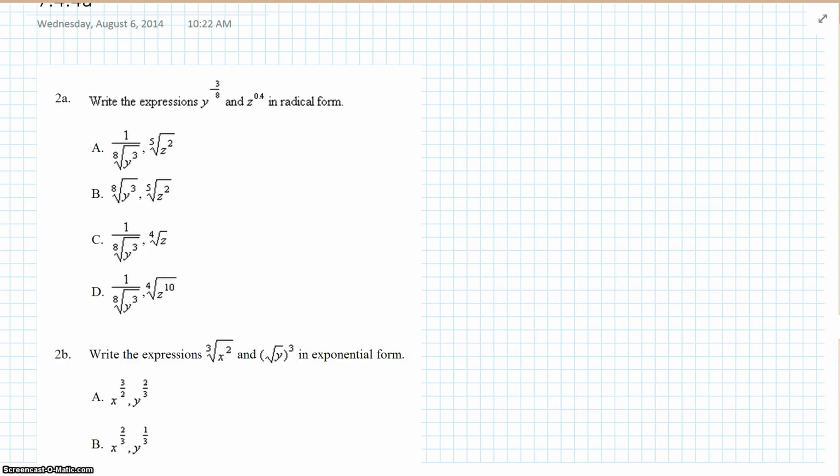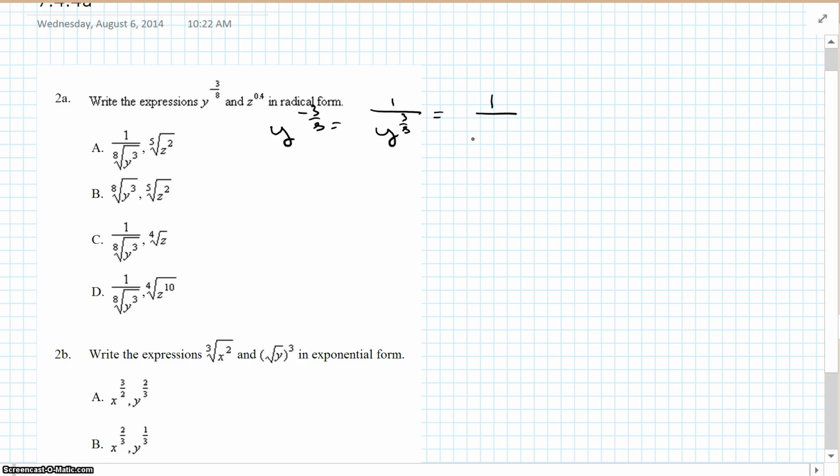Now write the expression. Okay? We got y to the negative 3 over 8th power, which is the same thing as 1 over y to the 3/8 power, which would be the same thing as 1 over the cube root, I'm sorry, the 8th root of y cubed.